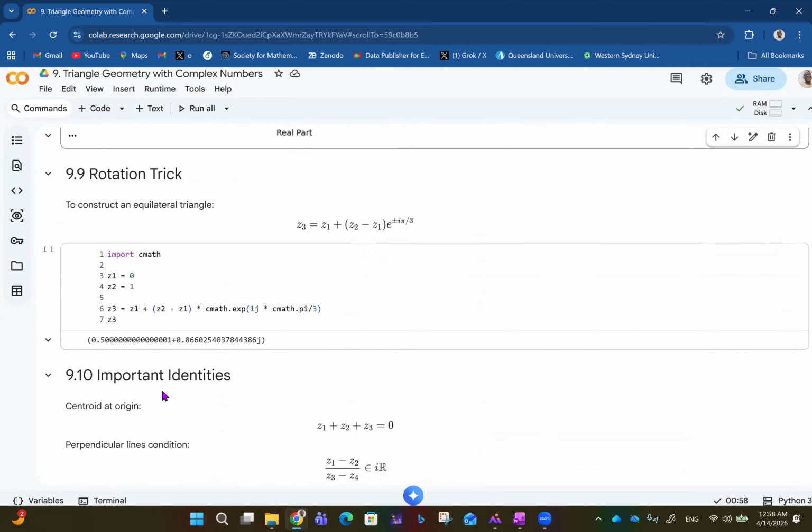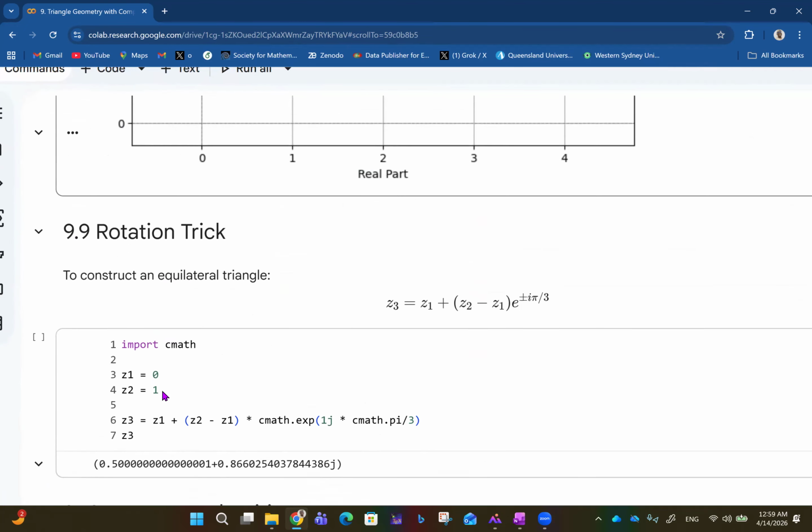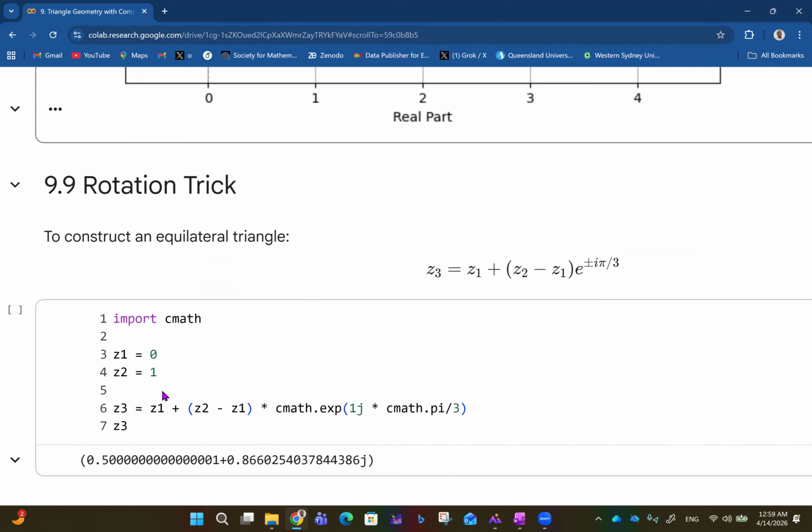Now we can talk about the rotation trick. For the rotation trick, you want to construct an equilateral triangle, Z3 equal to Z1 plus (Z2 minus Z1) times e raised to the power plus or minus i pi over 3. So we import cmath. Let's say Z1 is 0 and Z2 is 1. So Z3 is equal to Z1 plus (Z2 minus Z1) multiplied by the exponent of i, or j now, pi over 3.